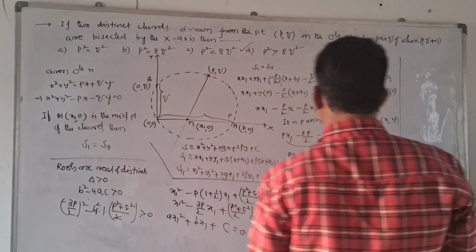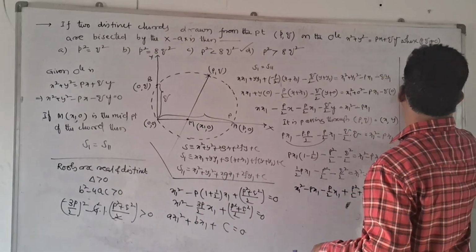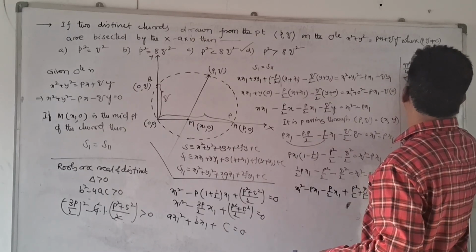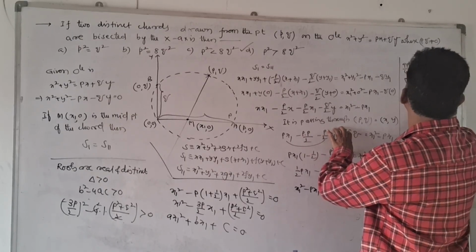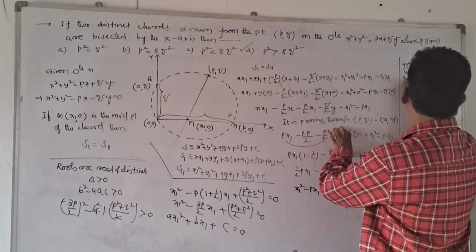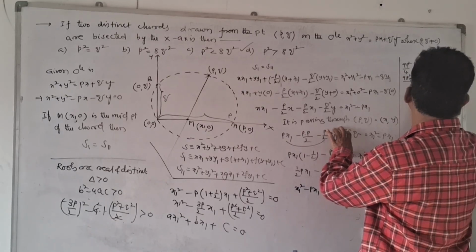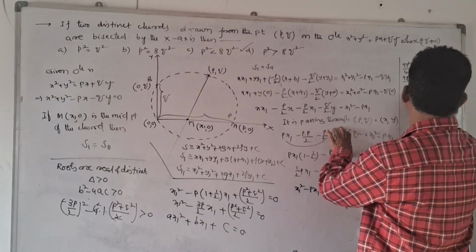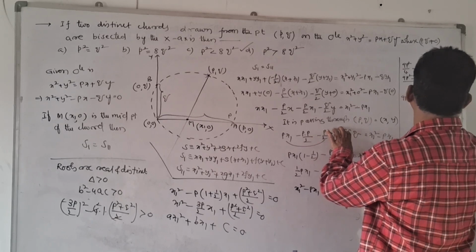Now, LCM is equal to 4. So this one is 9p square by 4 minus 2 into p square plus q square greater than 0. 9p square minus 8 into p square plus q square greater than 0. 9p square minus 8p square minus 8q square greater than 0.